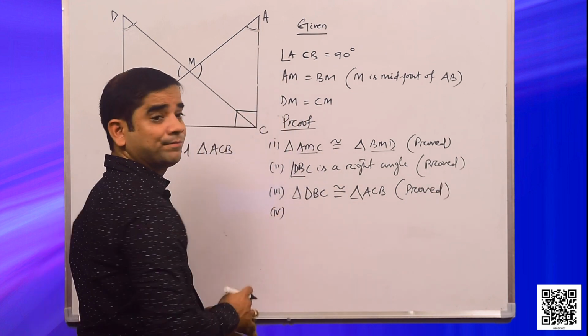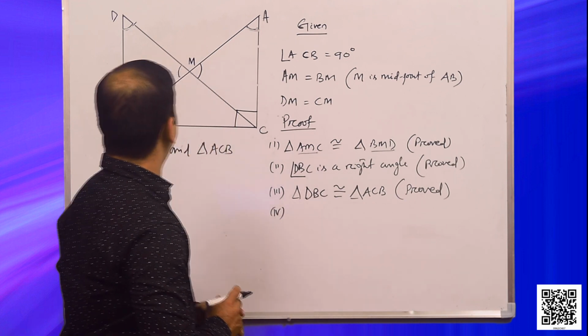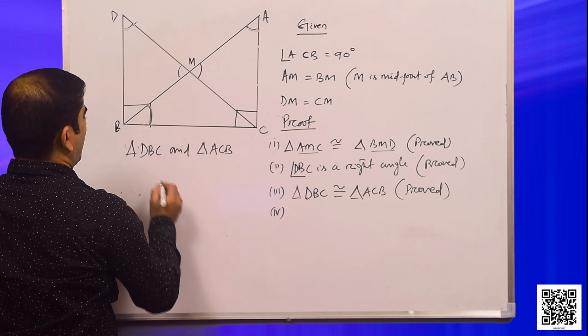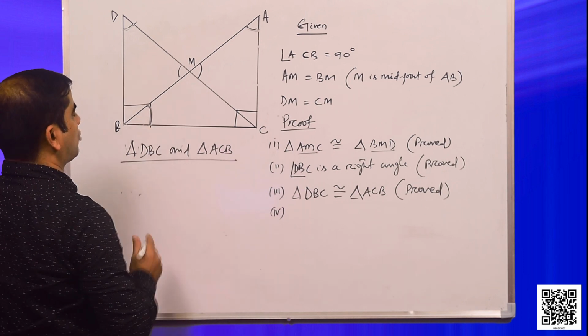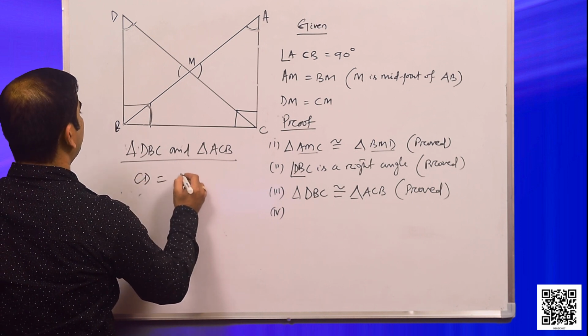What else? CM is equal to half AB. What is CM? CM is equal to half of AB. As these two triangles are congruent, we can say that CD is equal to AB.